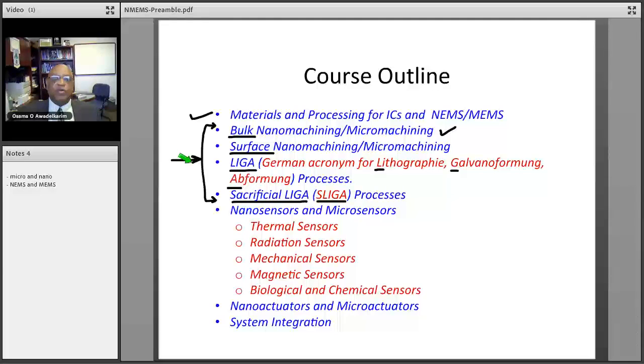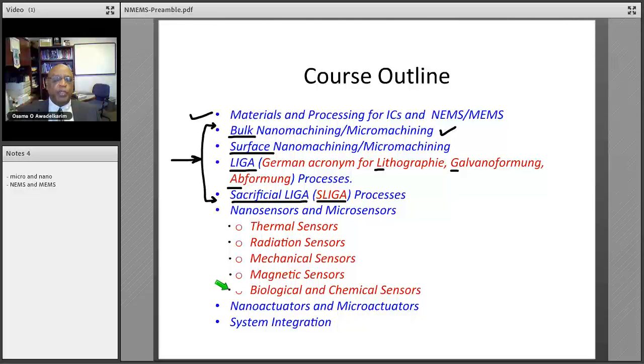Then after that, the course will cover different types of nanosensors and microsensors. And these will cover different types of sensors, thermal sensors, radiation sensors, mechanical sensors, magnetic sensors, as well as biological and chemical sensors.